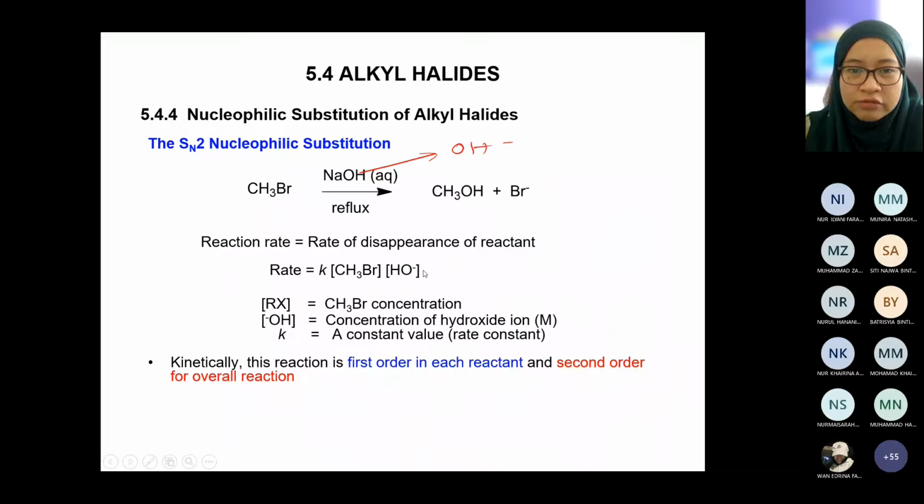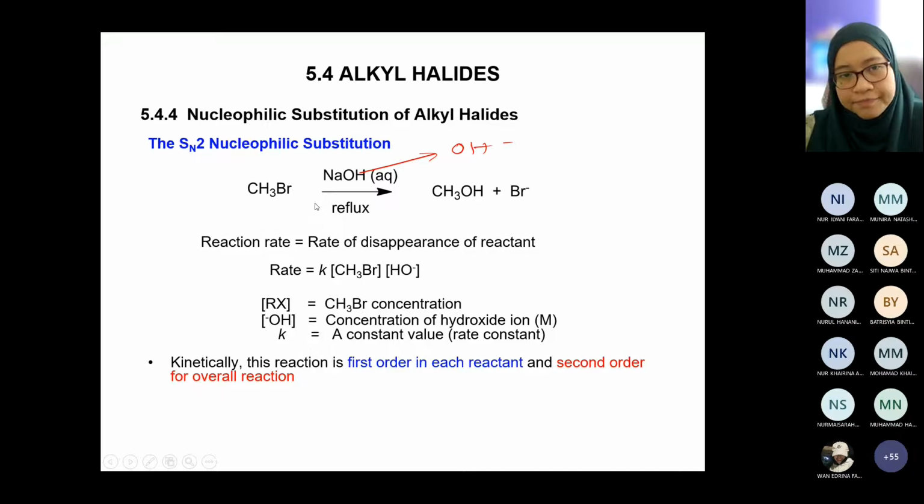Okay, ini order 1, ini pun order 1. So 1 plus 1 is equal to 2. So that's why the SN2 is bimolecular. Okay, so kinetically, the reaction is first order in each reactant and second order overall. So that second order represents the SN2 nucleophilic substitution.